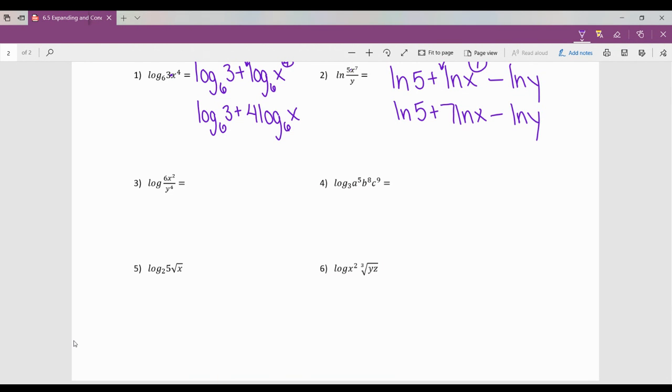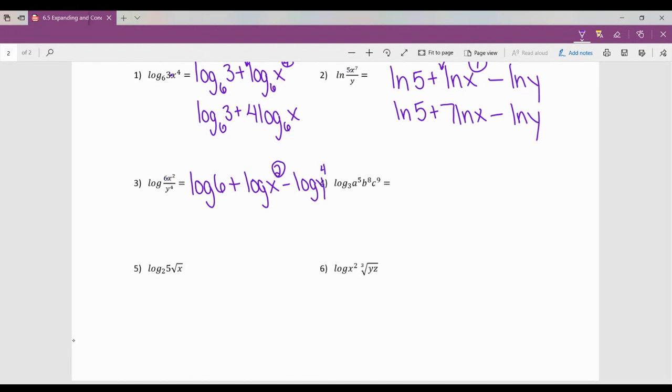So for number 3, we've got log of 6 times x squared over y to the 4th. So we're going to write it as log 6 plus, because times is adding when you expand, log x squared. And then it's divided by y to the 4th, so minus log y to the 4th.